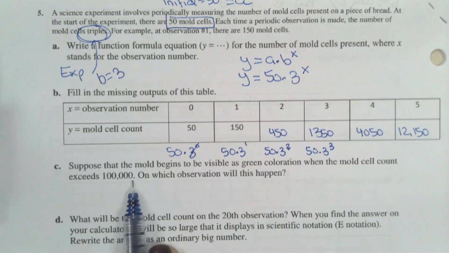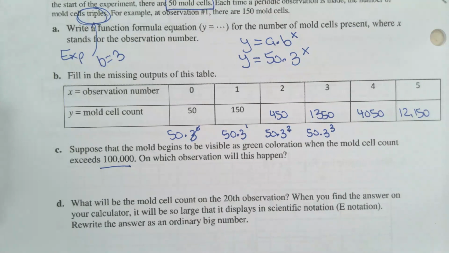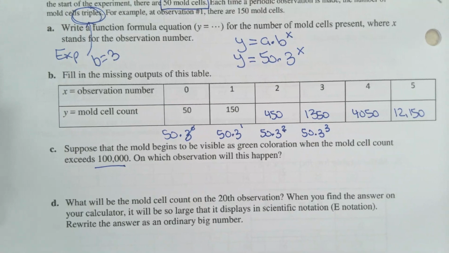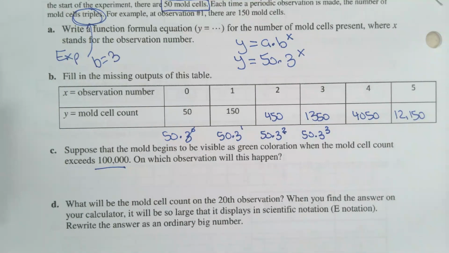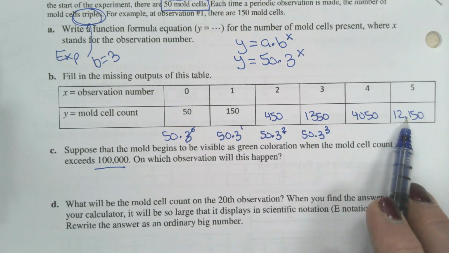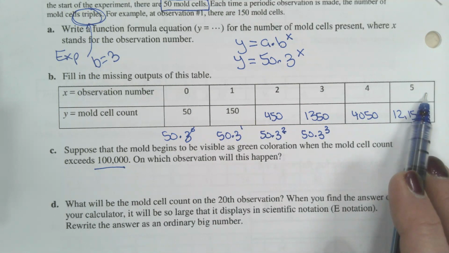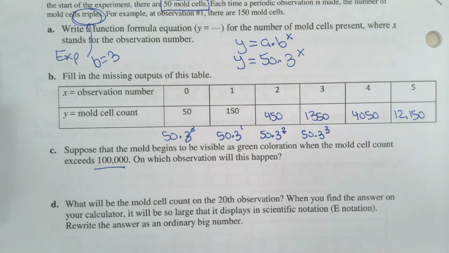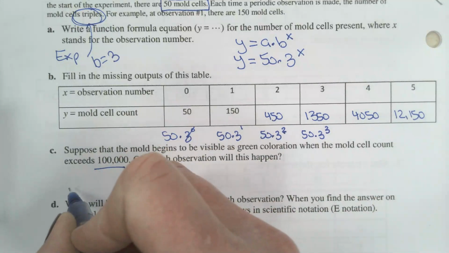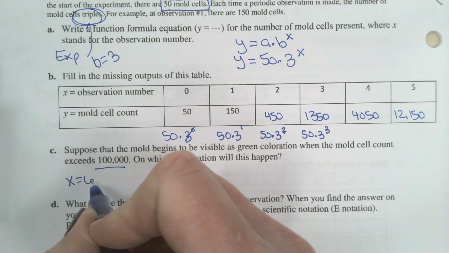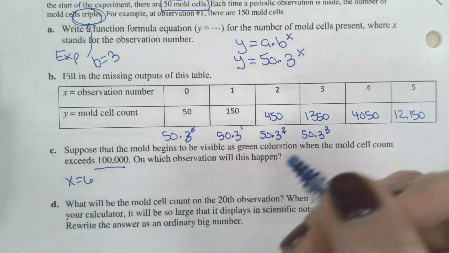When will I have more than 100,000? This really isn't too terribly complicated, so I would just keep plugging in bigger and bigger values one by one until I figure it out. And so I said, what happens when x equals 6?